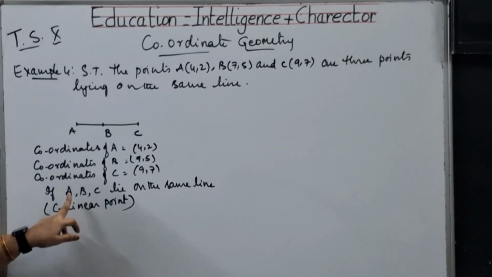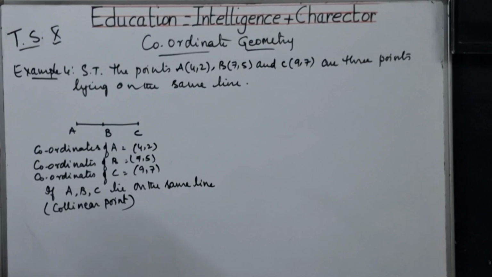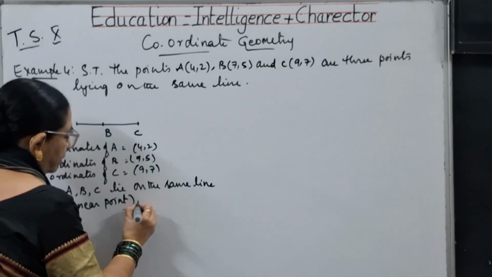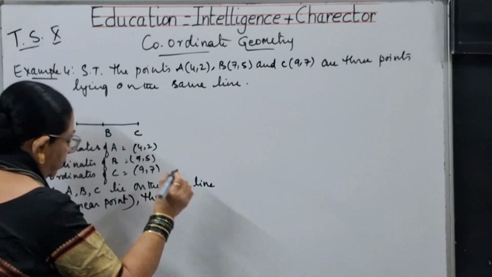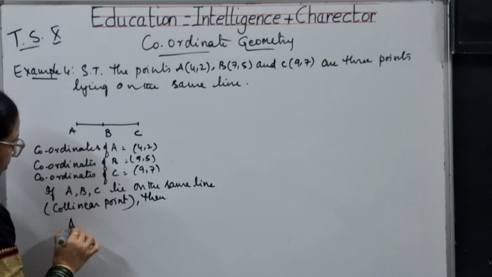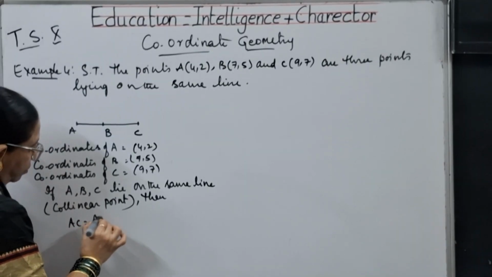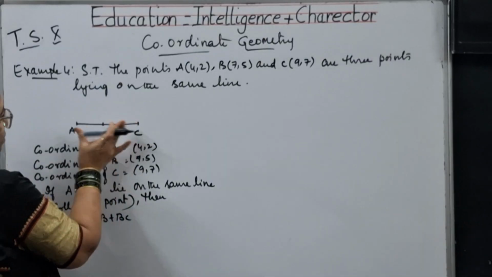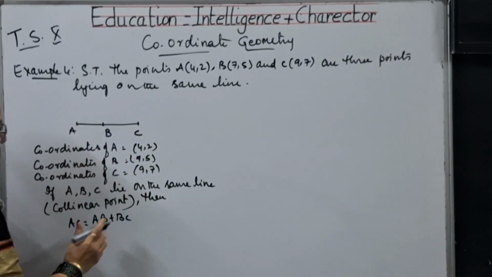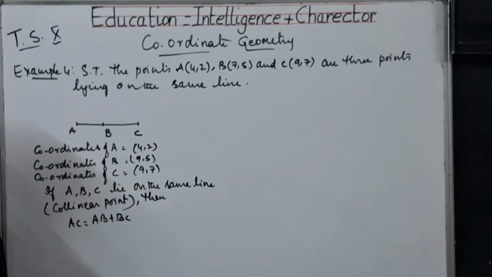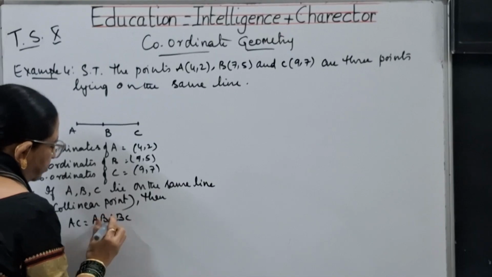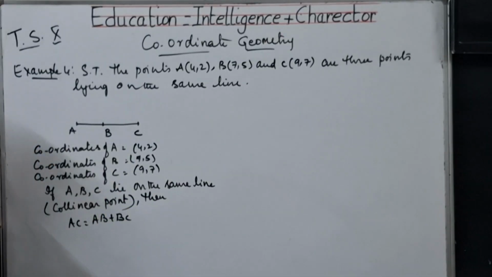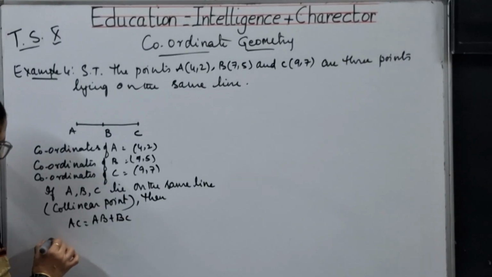So collinear means they are lying on the same line. Then AC is equal to AB plus BC. Yes or no? Total distance is this plus this. In that case only we can say that they are lying on the same line. So let us go for the distance formula for finding out AC.